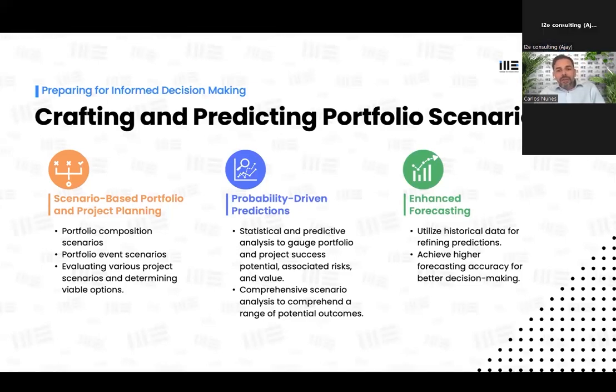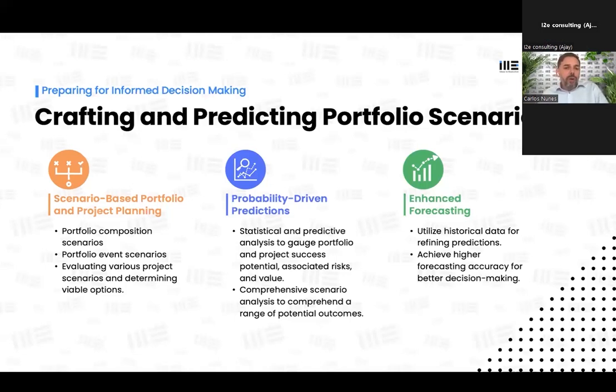Then there's the ability to turn on some of the new capabilities and technologies that we talked about that we're working on, like data IQ, and start to do probability-driven predictions. So we know what the normal benchmark delivery capabilities of the portfolio are. Well, what if we brought this many new products into our early stage portfolio and nurtured them so that they can deliver on the other end?